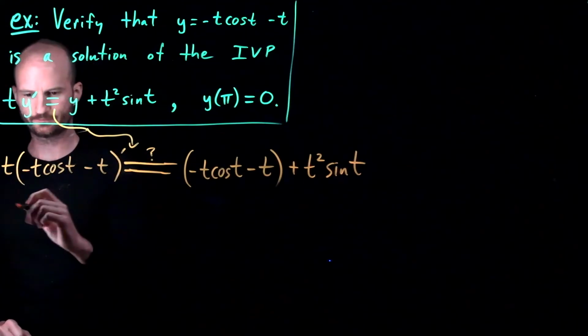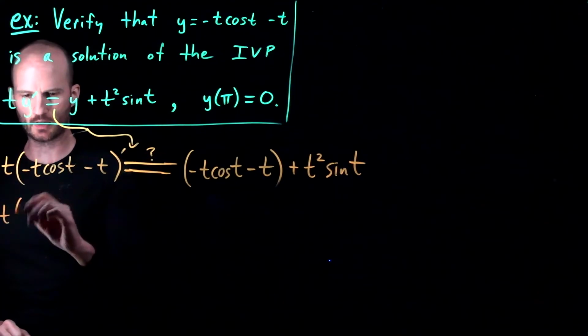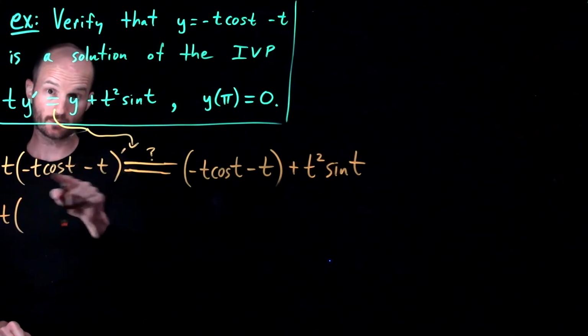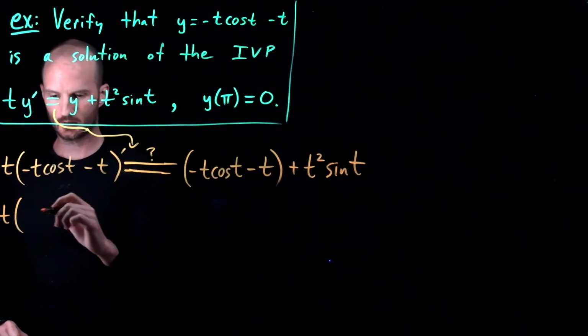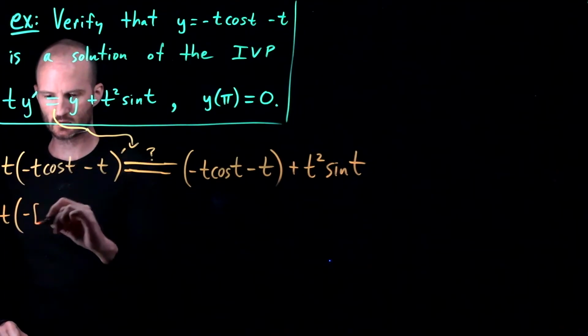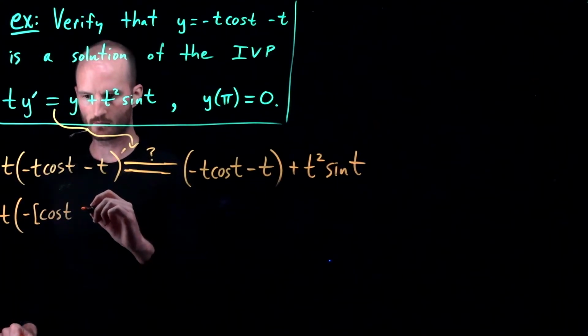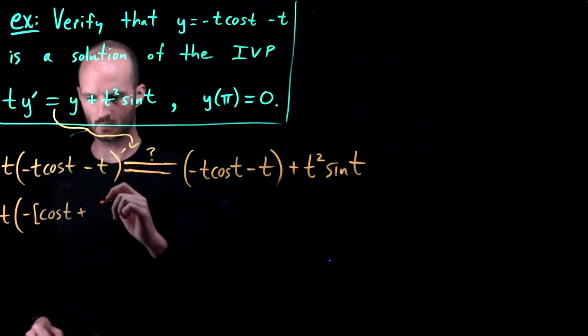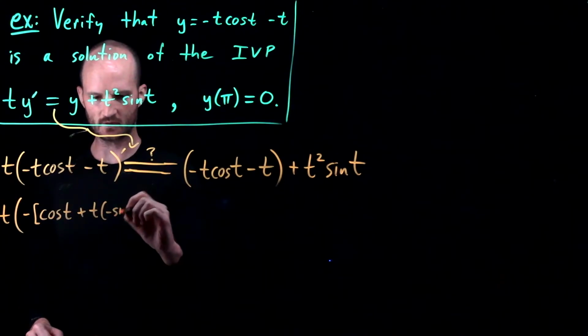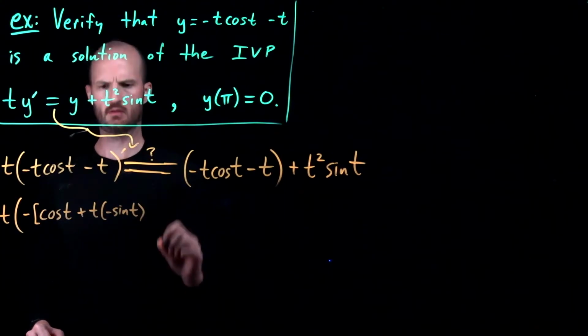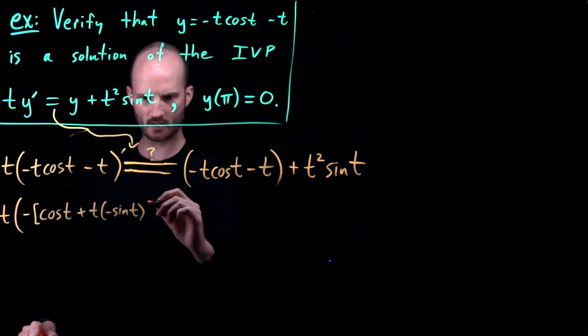Do my derivative. It's going to require a product rule right here. Also put a minus, I use square brackets, cos t plus where was I? T negative sine t. Oh dear, I'm getting really deeply nested brackets.